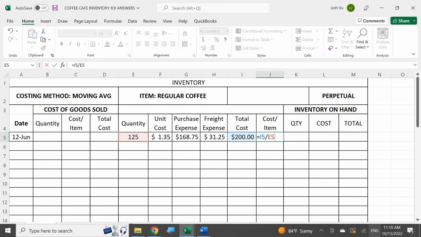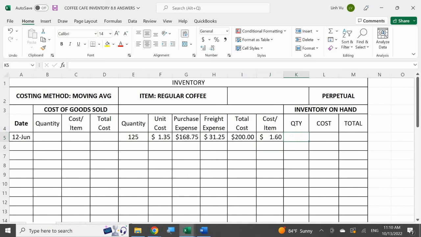So you take your 200 divided by 125 pounds. How much is it going to cost you per pound? $1.60.